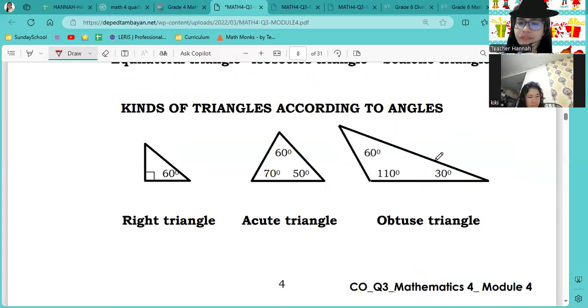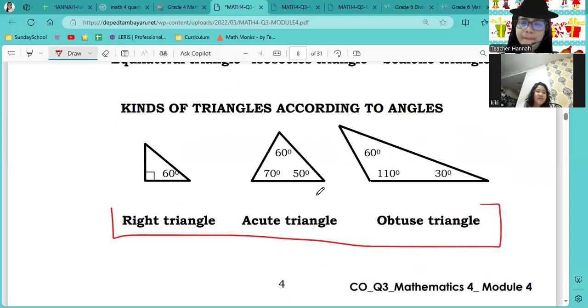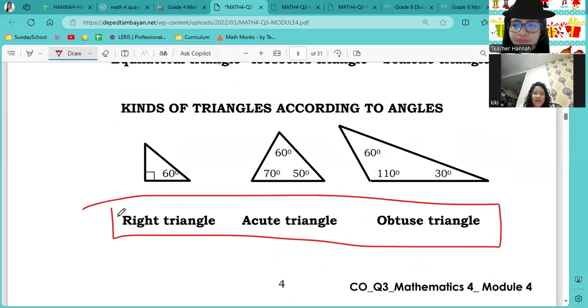Okay, and then we have your triangles. Can you read the different kinds of triangle? Right triangle, acute triangle, obtuse triangle.